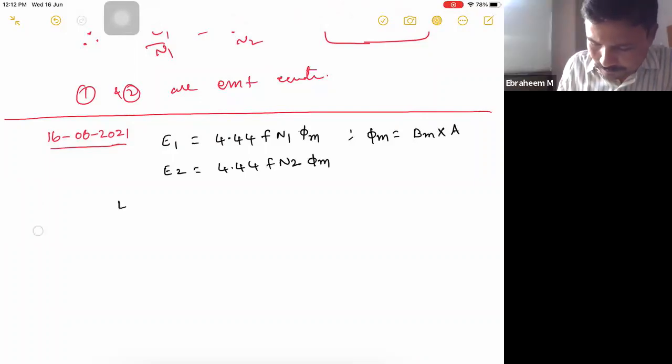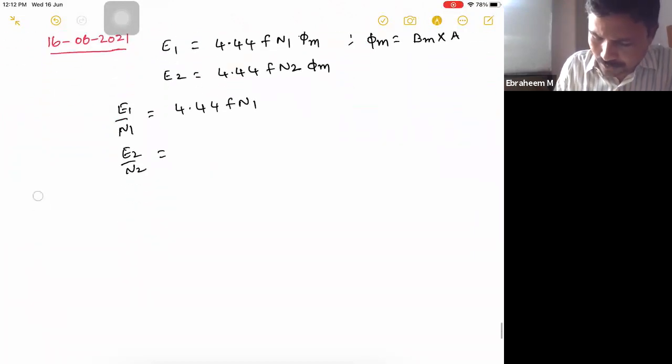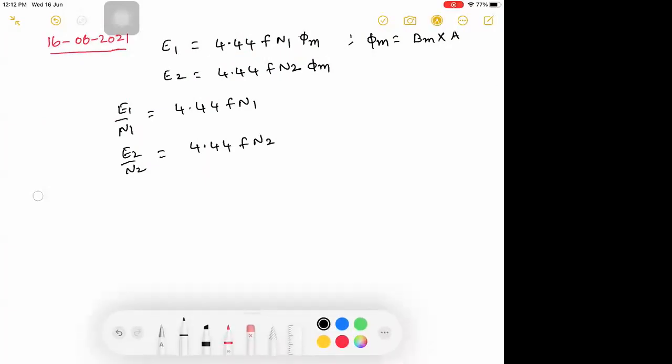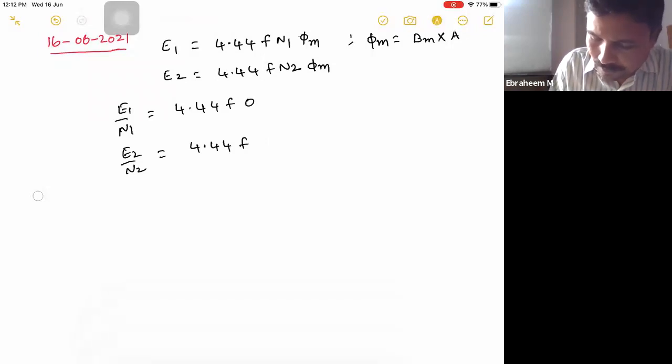So we can write E1 by N1 is equal to 4.44 f phi max, and that is also equal to E2 by N2, that is also equal to 4.44 f phi max. Okay. So therefore, we have E1 by N1 is equal to E2 by N2.